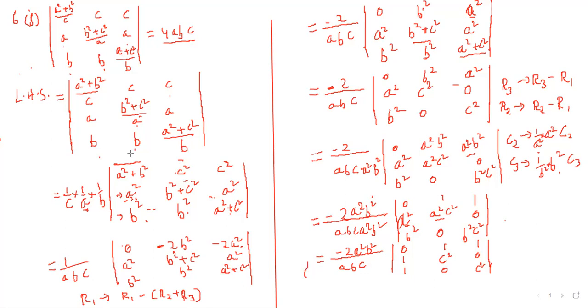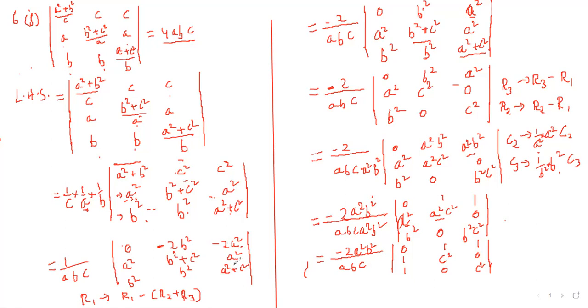So R2 plus R3 is a square plus b square, and when subtracted from a square plus b square, 0. R2 plus R3, b square plus c square plus b square is 2b square plus c square, and when subtracted from c square, it is minus 2b square. Again, a square plus c square plus a square is 2a square plus c square.